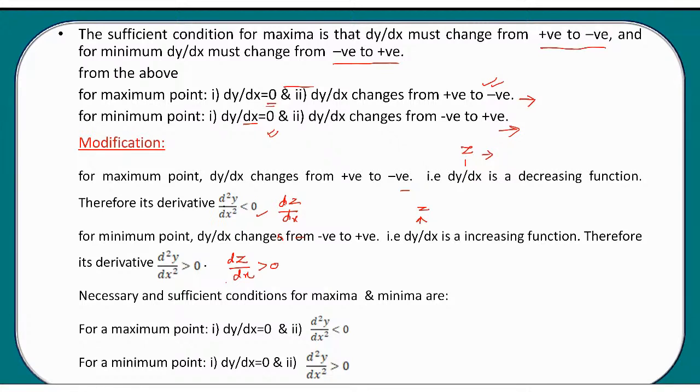Is it clear? For maxima and minima, in both cases, the derivative must be equal to 0. And for a maximum point, the second derivative must be less than 0, I mean negative. For a minimum point, the second derivative must be greater than 0, that means it is positive.